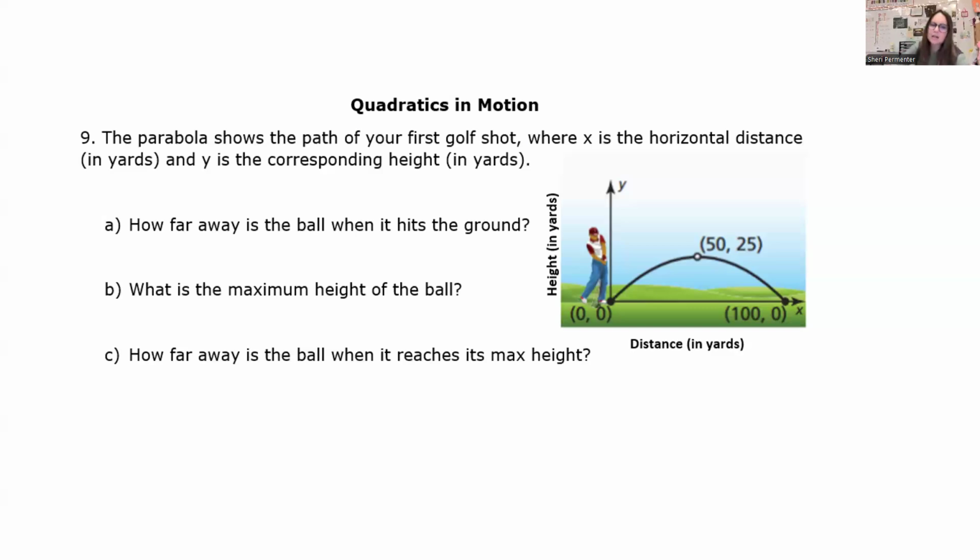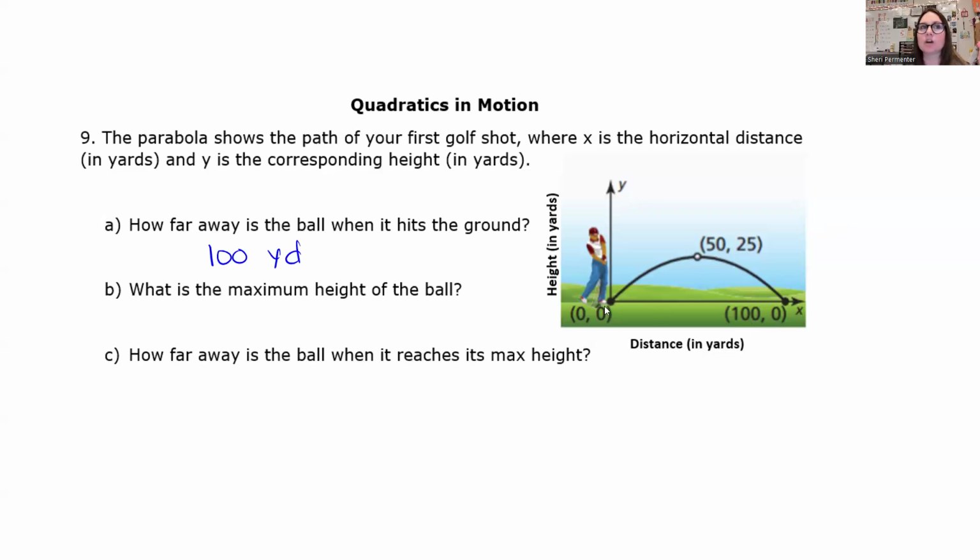All right, let's talk about these. The first question, how far away is the ball when it hits the ground? 100 what? 100 yards. Good job. What is the maximum height of the ball?